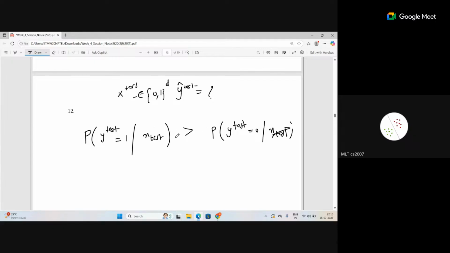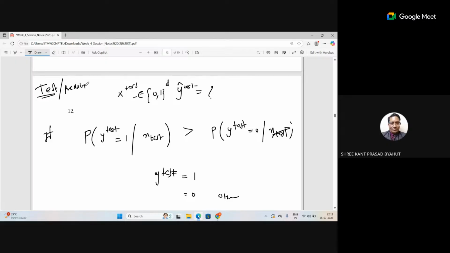If this is greater, then what will be my label? 1. If this is true, then Y test will be 1, and otherwise it is 0. Is that okay? This is the testing part, or the prediction part.